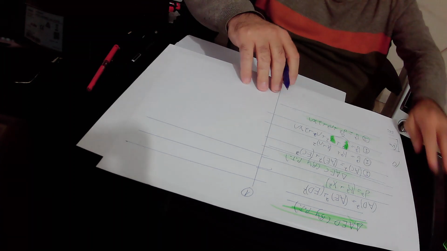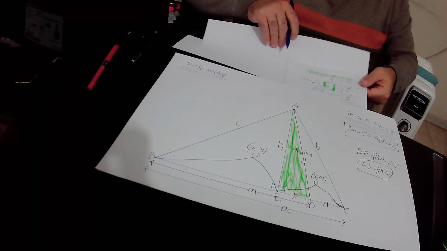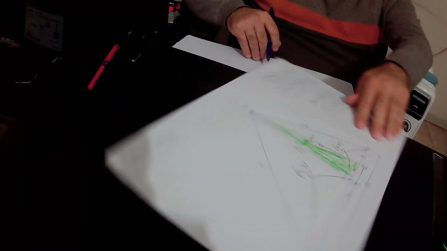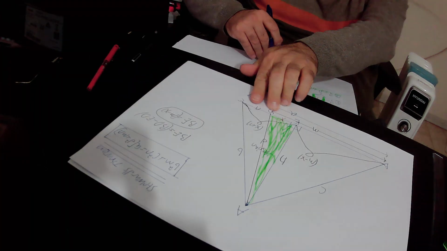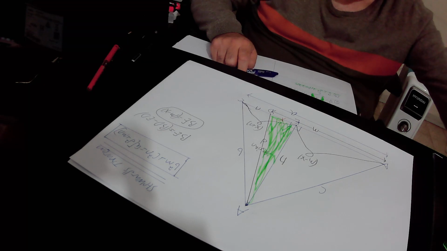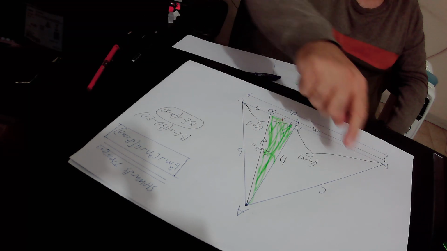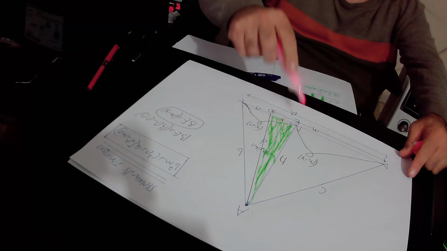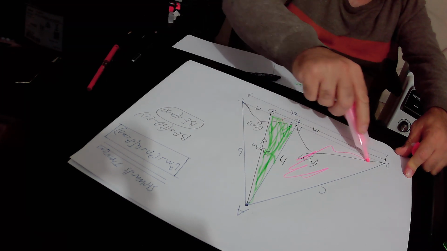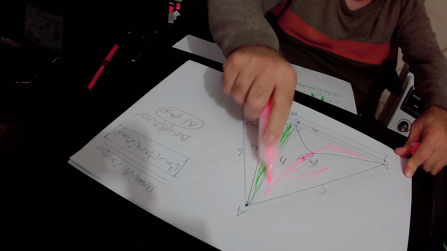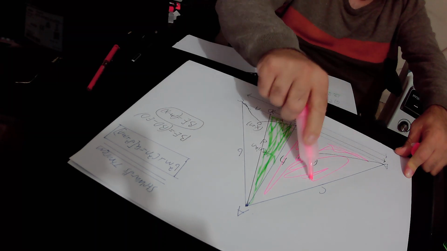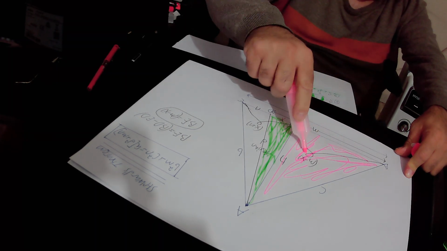In the next step, we will implement the Pythagoras theorem in the right triangle AEB. We will implement the Pythagoras theorem in the right pink triangle AEB.